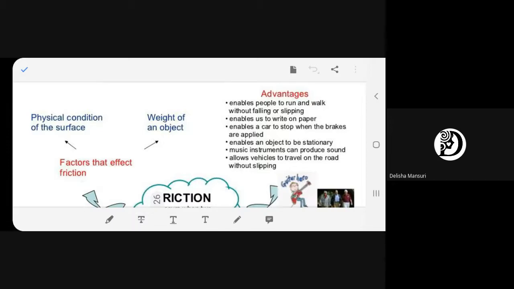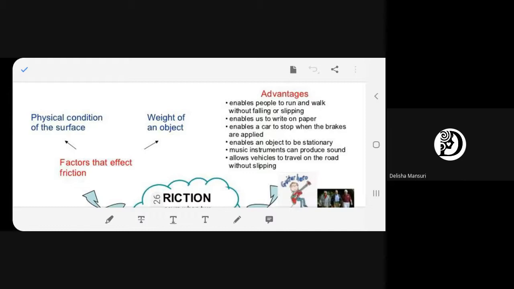Enables a car to stop when the brakes are applied. Enables an object to be stationary. Musical instruments can produce sound. Allows vehicles to travel on the road without slipping.